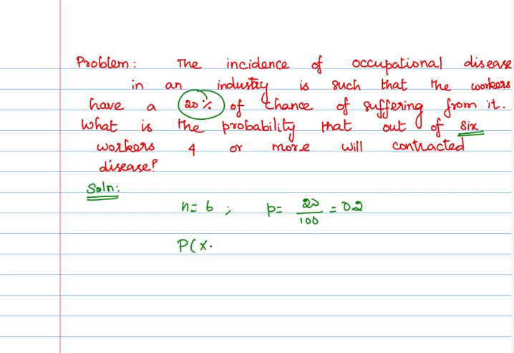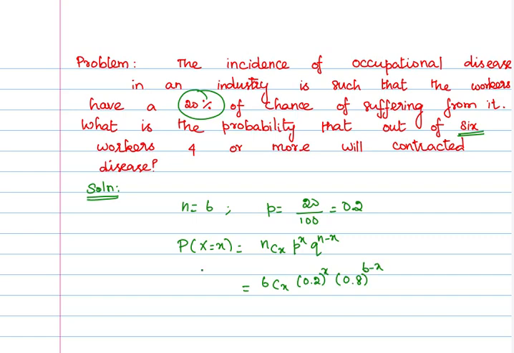So P(X equal to x) equals nCx p to the power x times q to the power n minus x. Here n is 6, p is 0.2 to the power x, q is 1 minus p, that is 0.8, to the power 6 minus x.